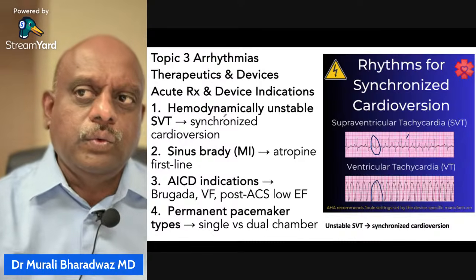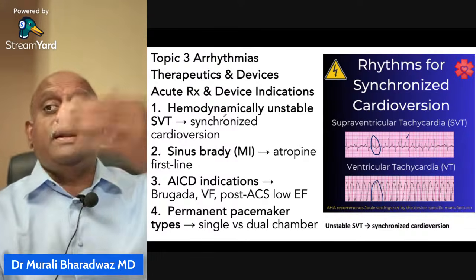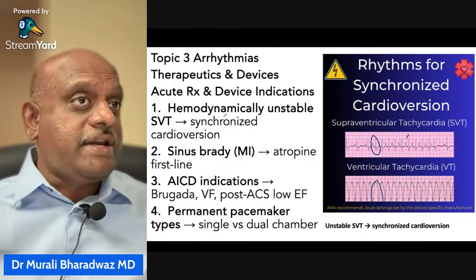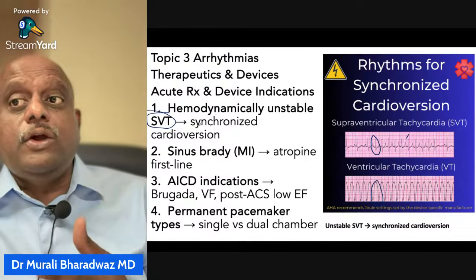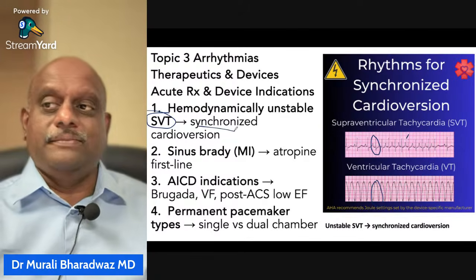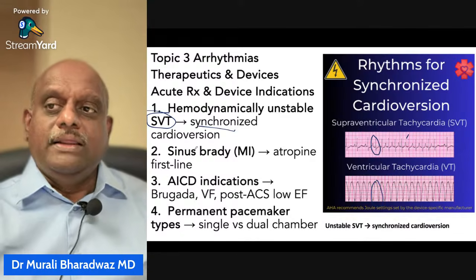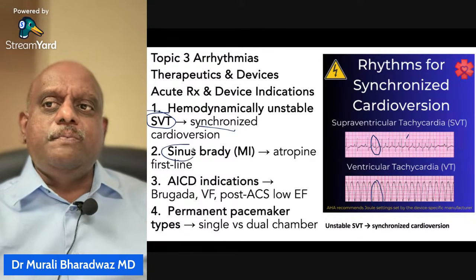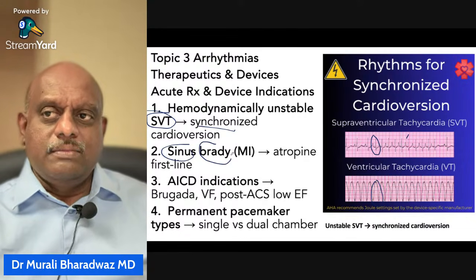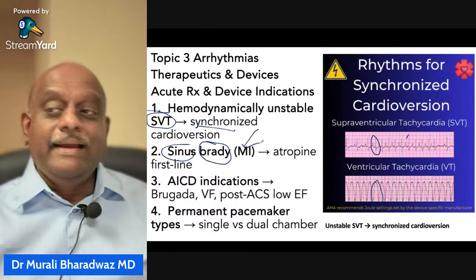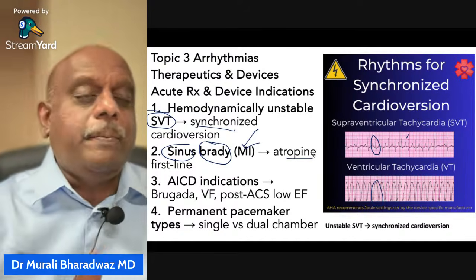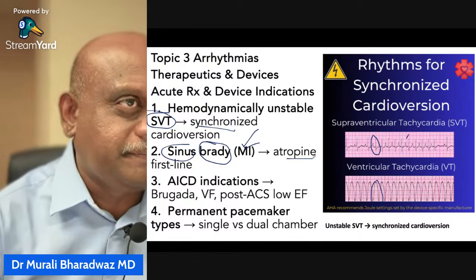Clear? Now, whenever the patient is hemodynamically unstable with SVT, synchronized cardioversion is the treatment of choice. There's an entity called sinus brady, which will happen whenever inferior wall MI is there. There you need to treat with atropine as the first line of choice.